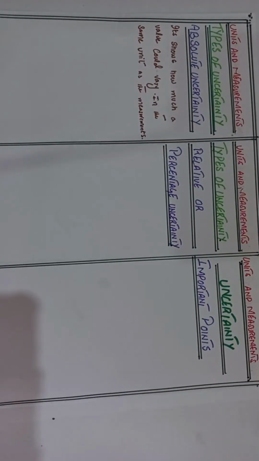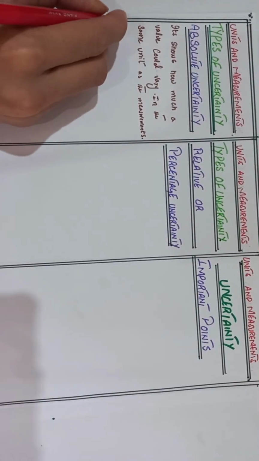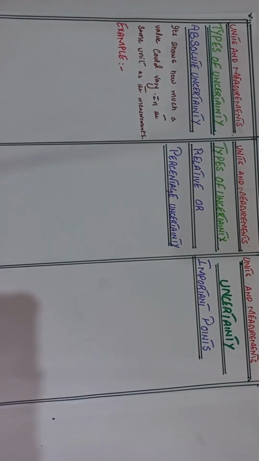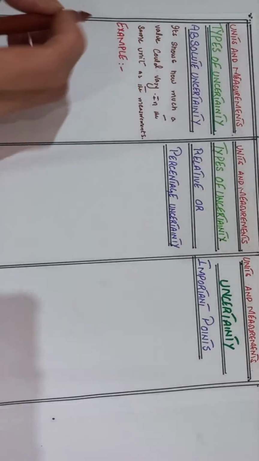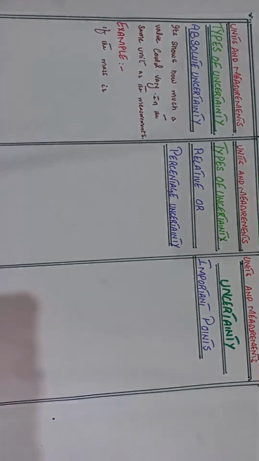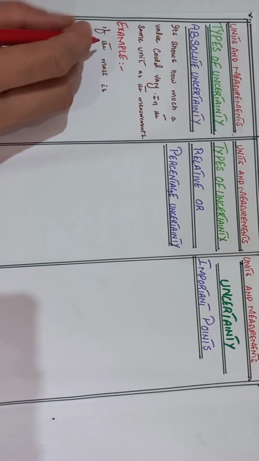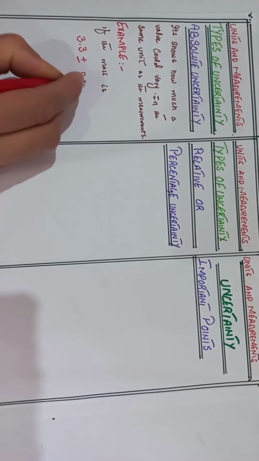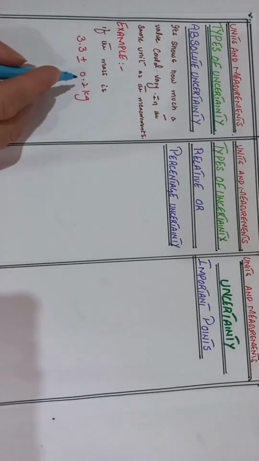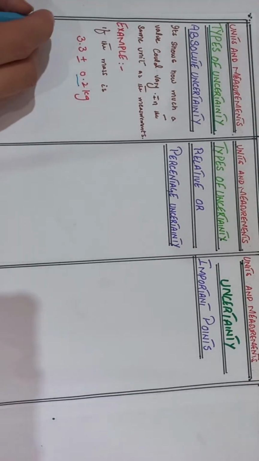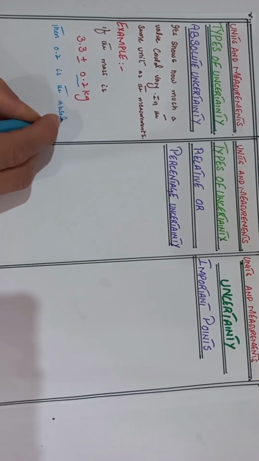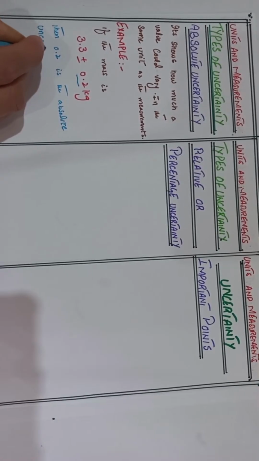If we take an example of absolute uncertainty, if the mass is given as 3.3 plus or minus 0.2 kg, then the 0.2 is the absolute uncertainty.